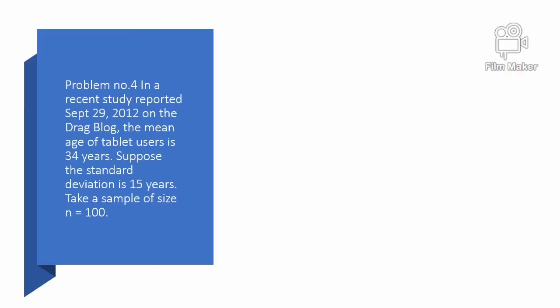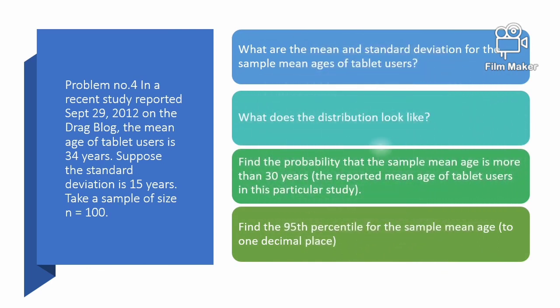Problem number 4. In a recent study reported September 29, 2012 on the drug blog, the mean age of tablet users is 34 years. Suppose the standard deviation is 15 years. Take a sample size of n equal to 100. First, what are the mean and the standard deviation for the sample mean ages of tablet users?